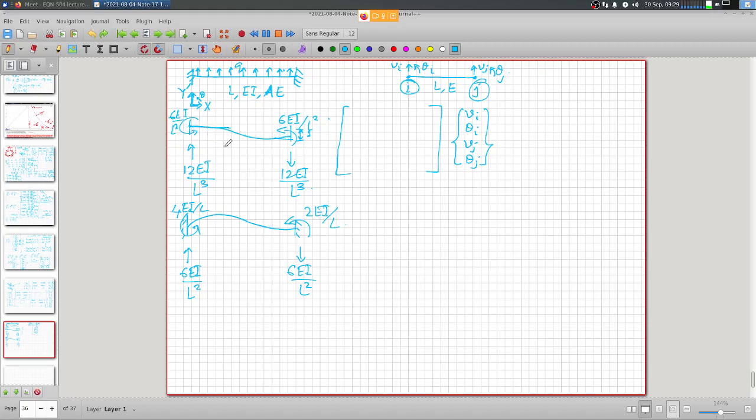Okay, so let me just correct this figure corresponding to Vi degree of freedom, unit displacement for Vi.